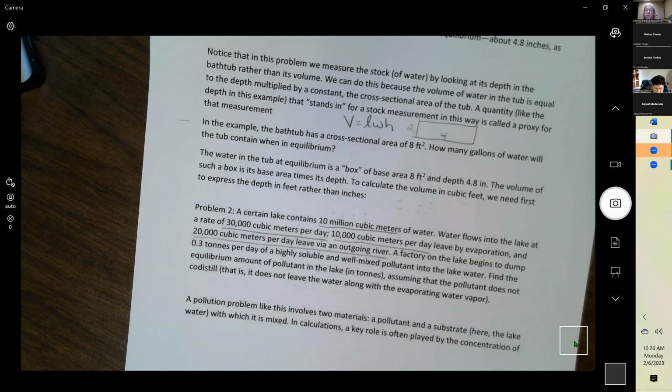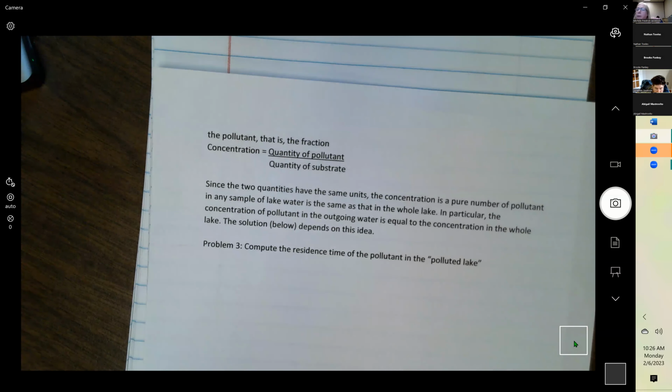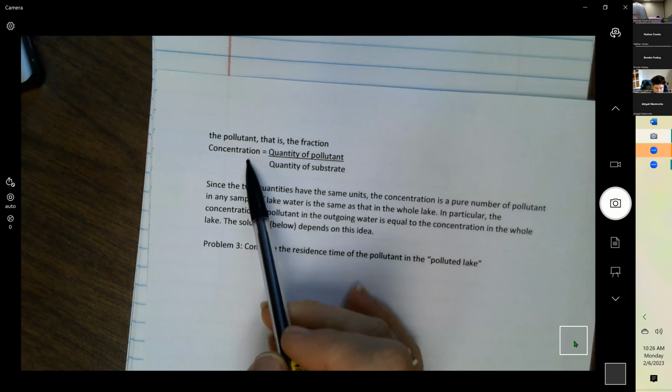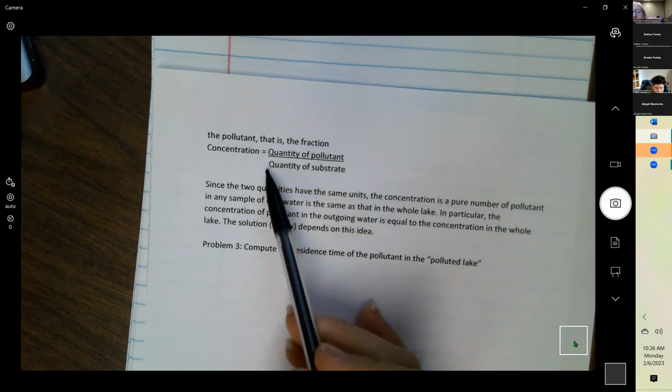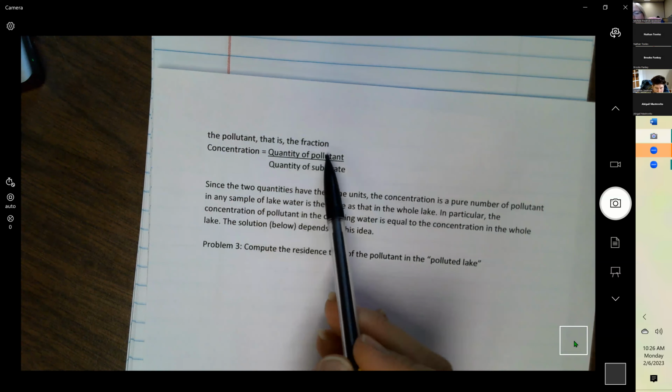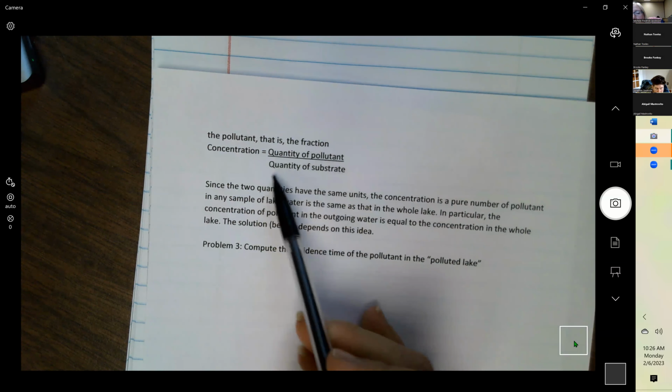So you have your pollutant going into the water, mixing with the water, and that's what they're calling the substrate, the water. In calculations, a key role is often played by the concentration of the pollutant. When you're finding concentration, it's the quantity of the pollutant divided by the quantity of the substrate. So it's the amount that's coming in, the pollution, and then how much water is in the lake.